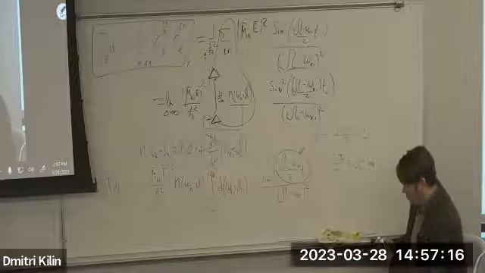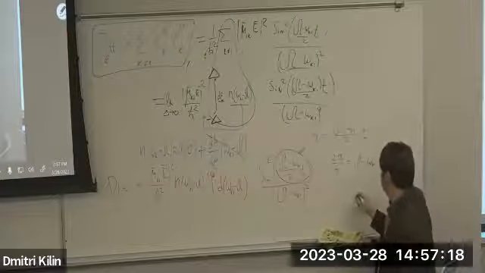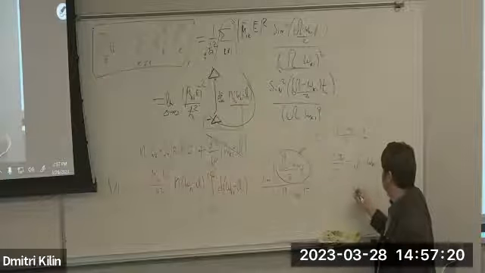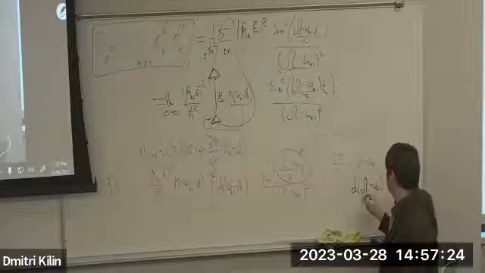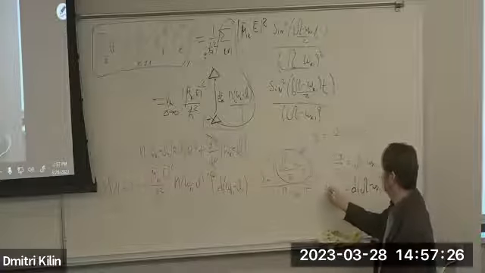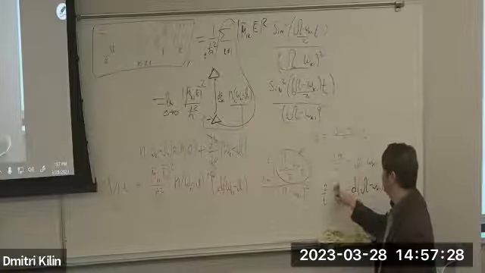So in the denominator, we should replace it by this expression. If you have a derivative, then 2 divided by t is not changed, and then we have dx.